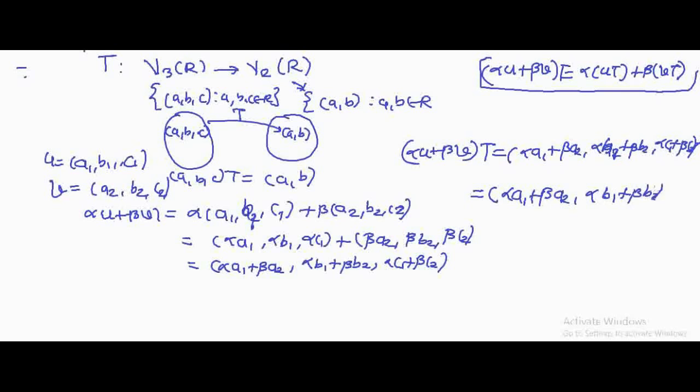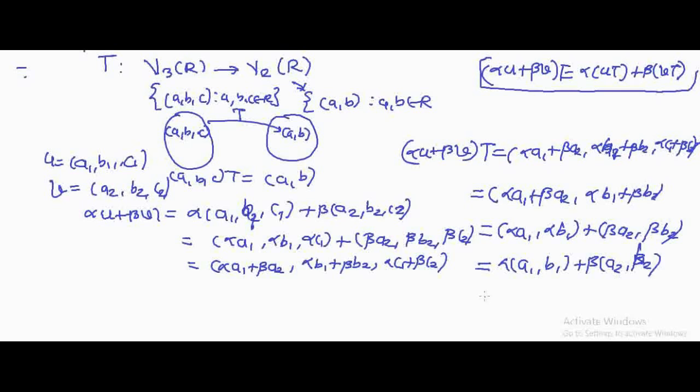This is an element. Now for this we write separately: alpha times (a1, b1) plus beta times (a2, b2).